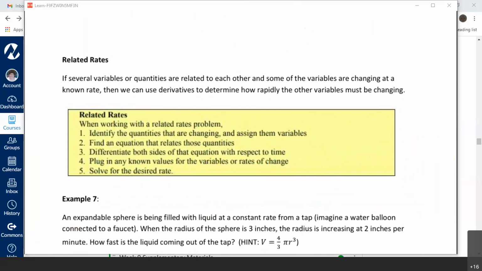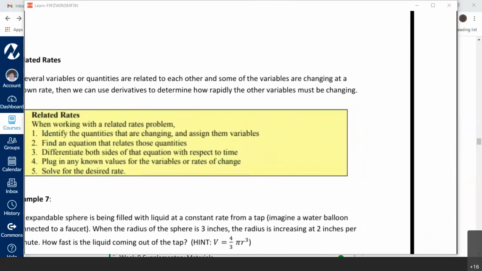Related rates says if you've got a bunch of quantities that are related to each other and they change at a known rate with respect to time, t, we can determine how all the other quantities are changing with respect to time.